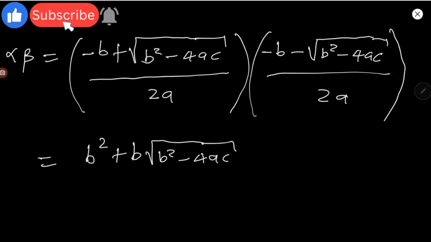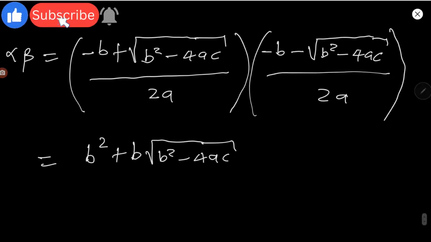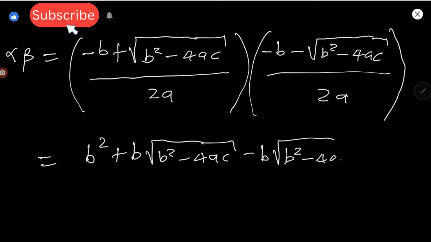We come to the second term, so we're going to have minus b root b squared minus 4ac. And then the last term times itself, we have a negative there. We'll just have what is inside the root, because the root will cancel. So we'll have b squared minus 4ac.